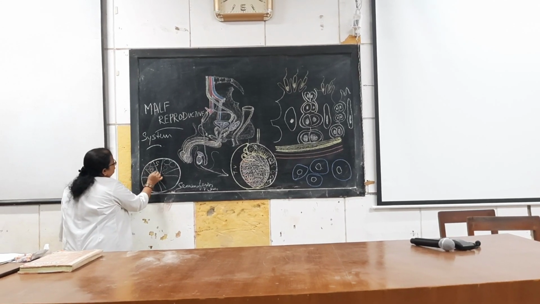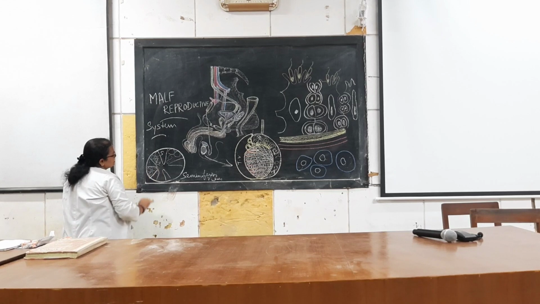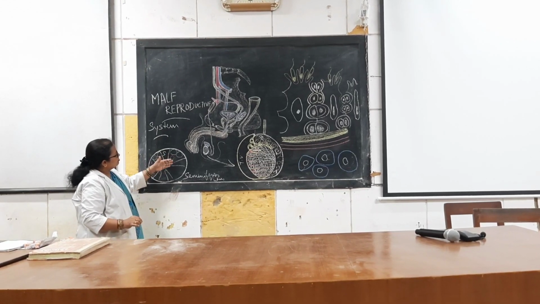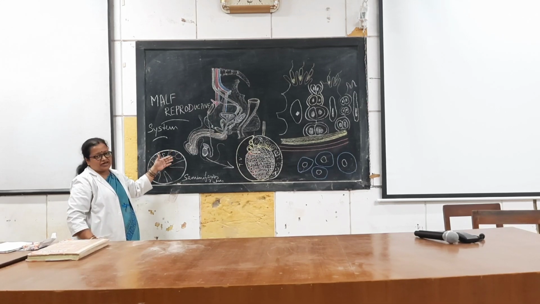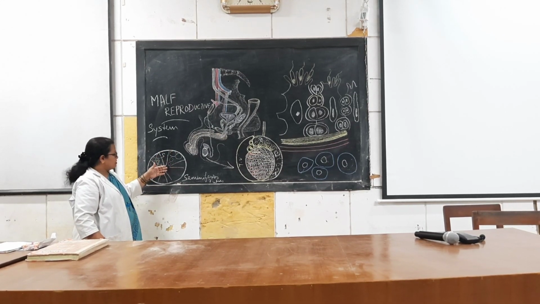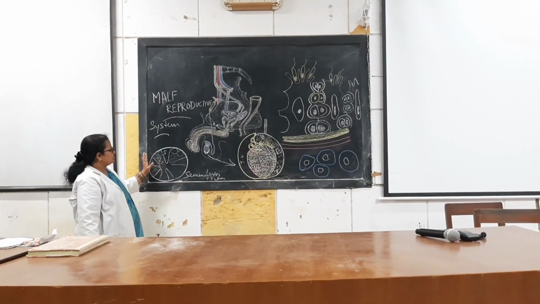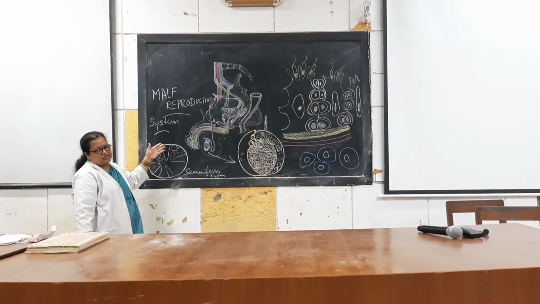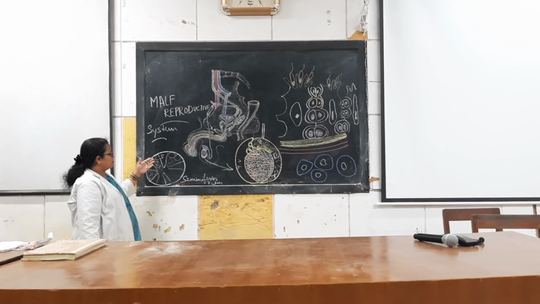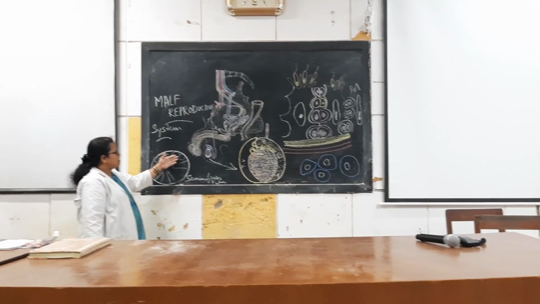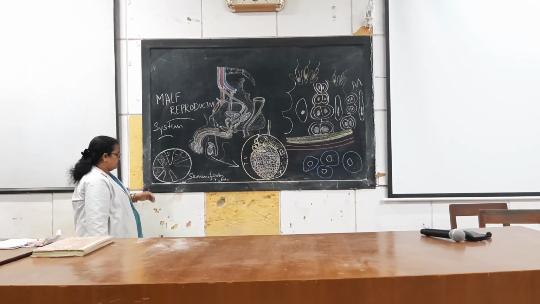The spermatogonial cells, the primary spermatocytes, the secondary spermatocytes, the spermatids, all these spermatogenic cells are in different phases of maturation, which we find within the seminiferous tubules. So the seminiferous tubules contain the Sertoli cells, otherwise called the sustentacular cells, which provide physical and nutritional support to the developing spermatogenic cells in different stages of maturation.